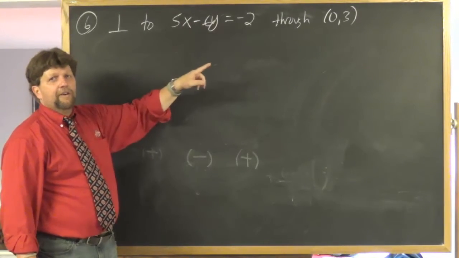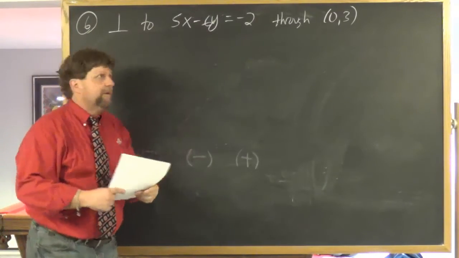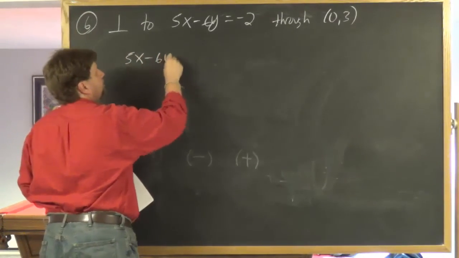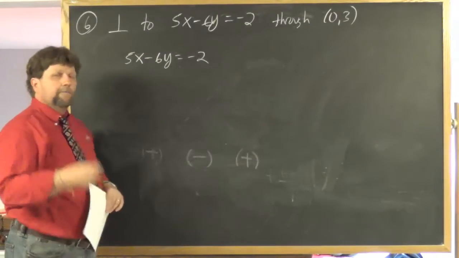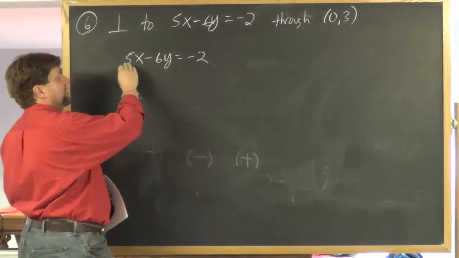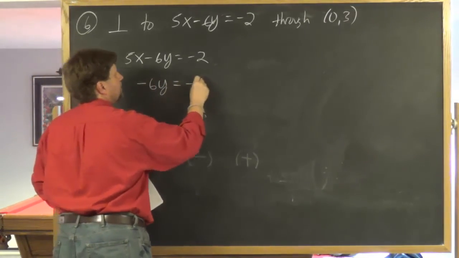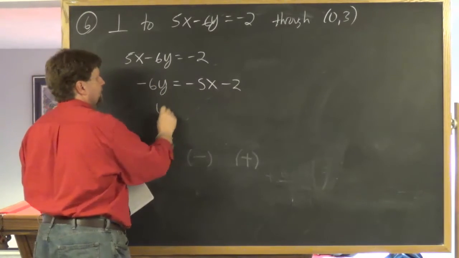We need to start off by determining the slope of this line. I'm going to put it into slope-intercept form. So I'd start off by subtracting 5x from both sides. Then divide both sides by -6.